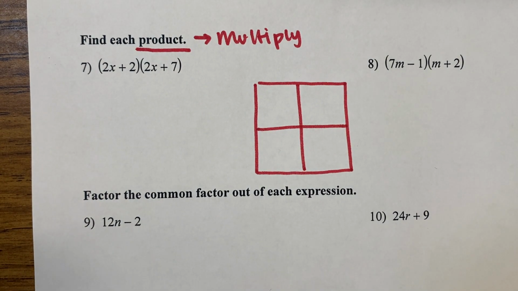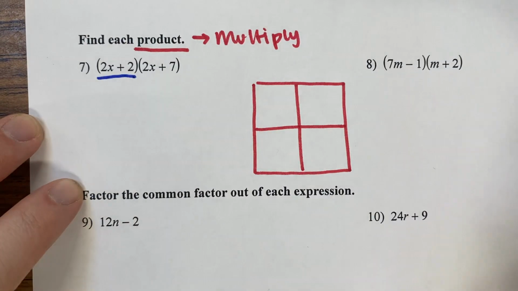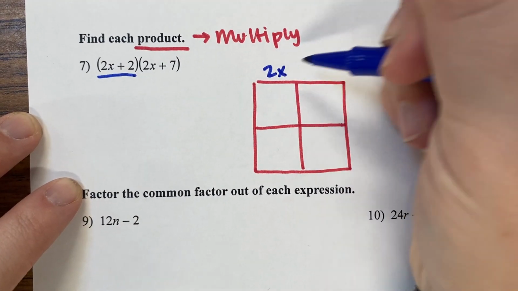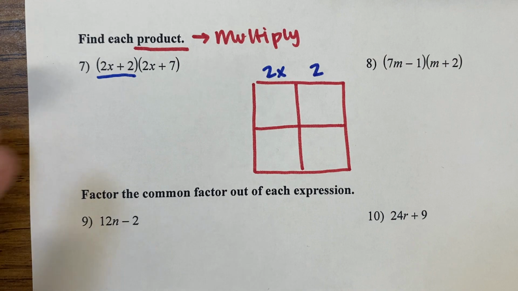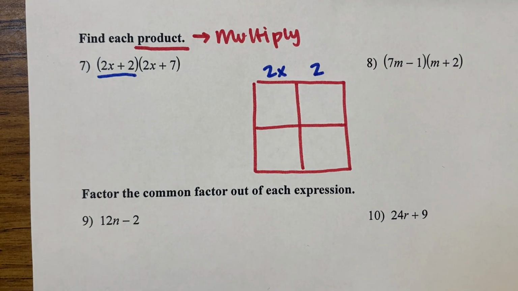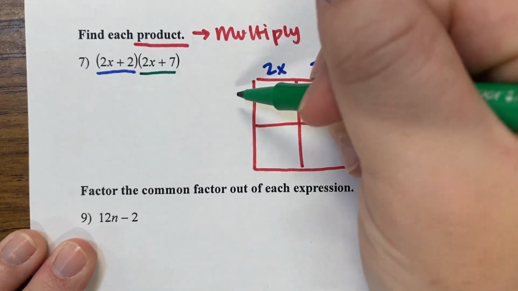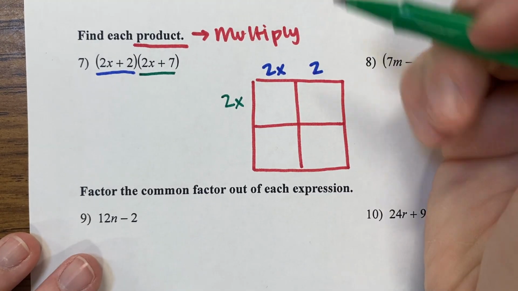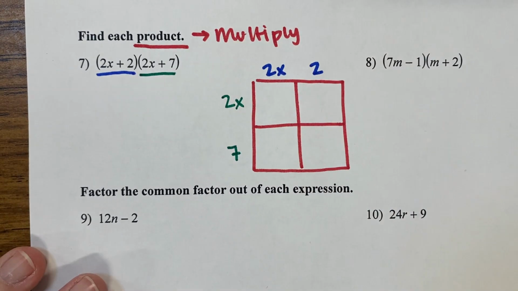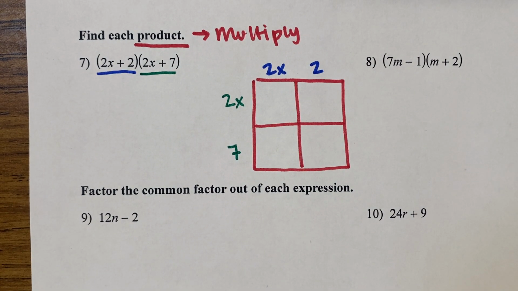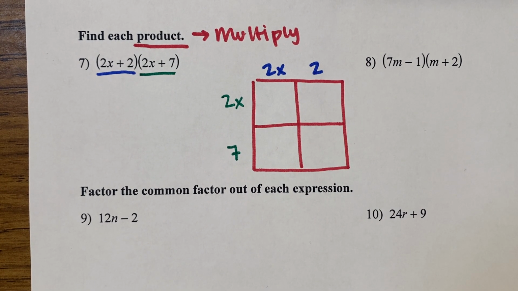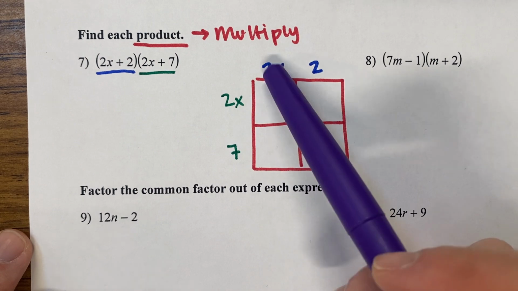Okay, and what we're going to do is we're going to put our first binomial across the top, so 2x and +2. And then we're going to put our second binomial down the side, 2x and a +7. Okay, now if you remember, we just fill in the boxes by multiplying what they line up with.